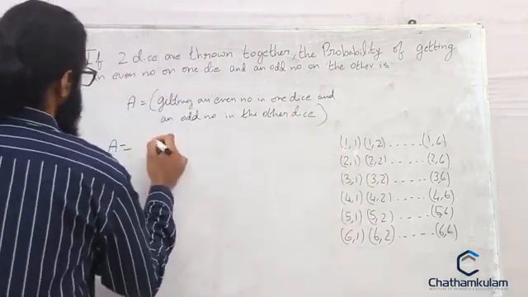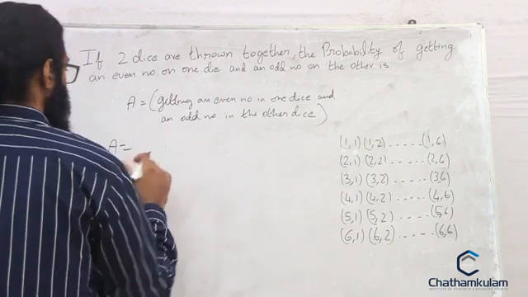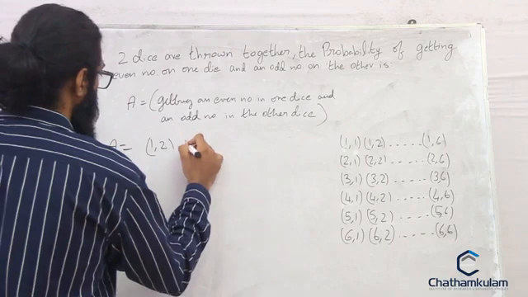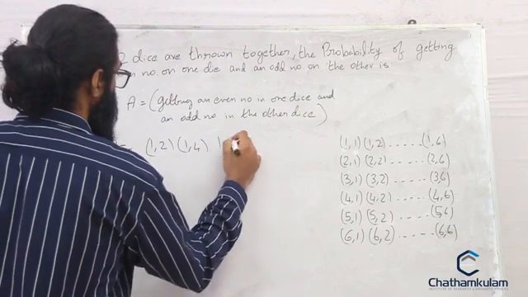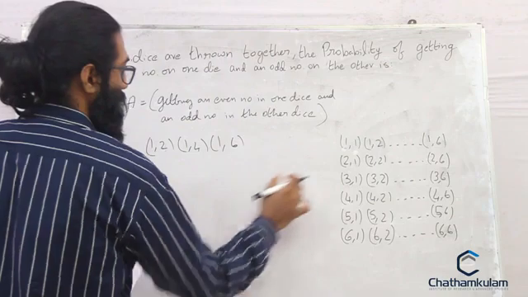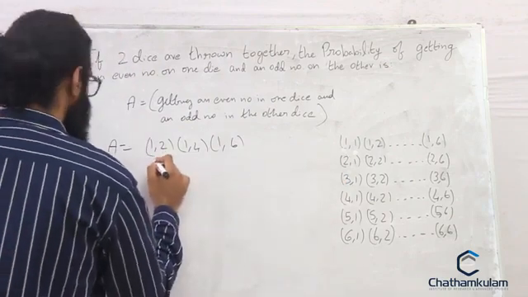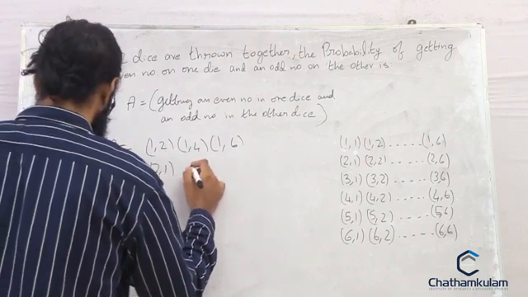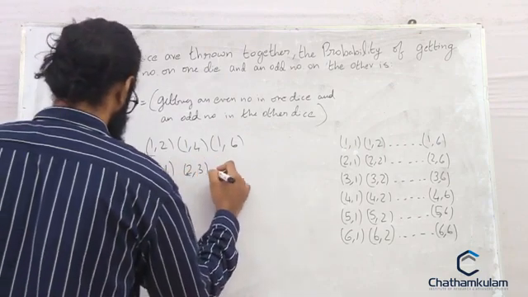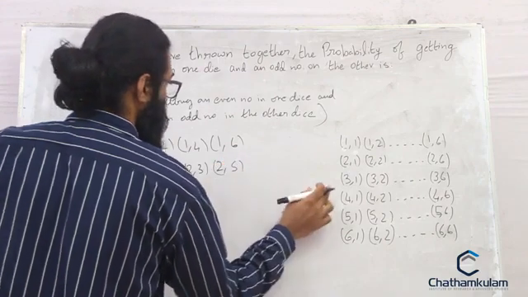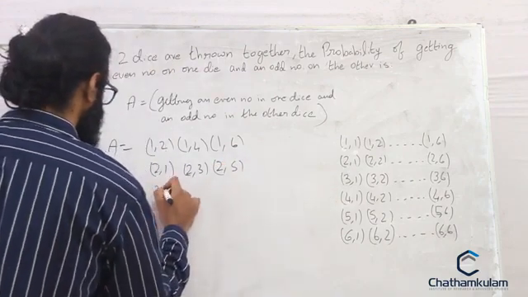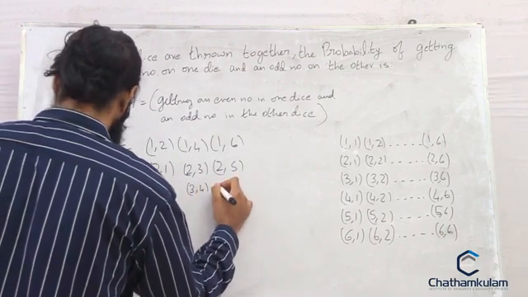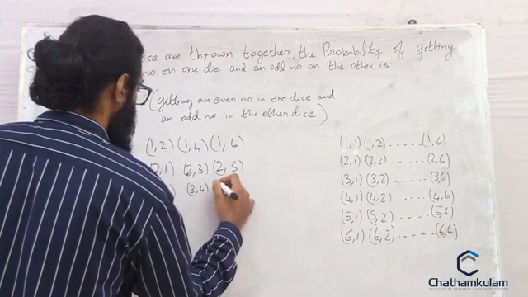So we get this as, first we take 1 in the first side, that is we get 1 2, 1 4 and 1 6 in the first line. The second line we get this as 2 1, 2 3 and 2 5. The third line we get this as 3 2, 3 4, 3 6, right.